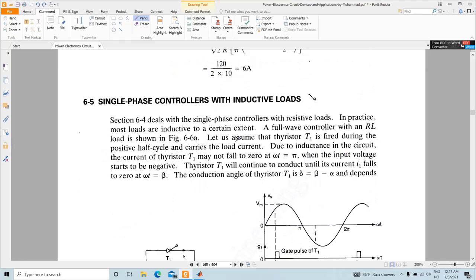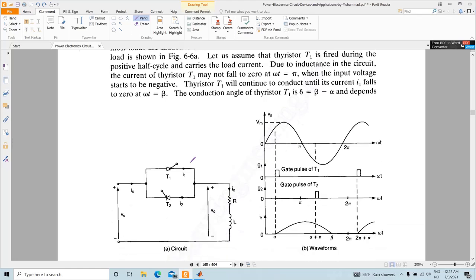The next one is interesting because now the load is not resistive, rather we have an inductive load, and if the load is inductive, then the thyristor doesn't cease to conduct at the source voltage's zero crossing. It doesn't cease to conduct because the current through the thyristor is still flowing.